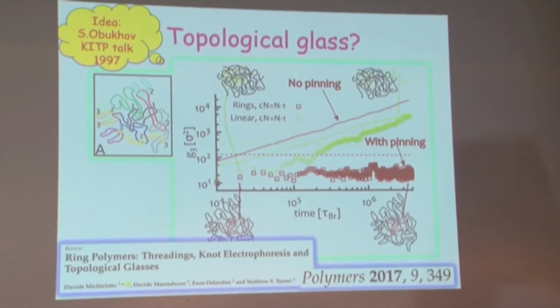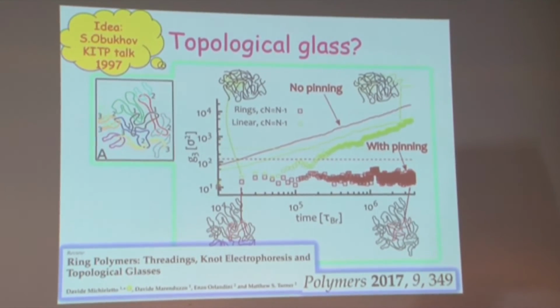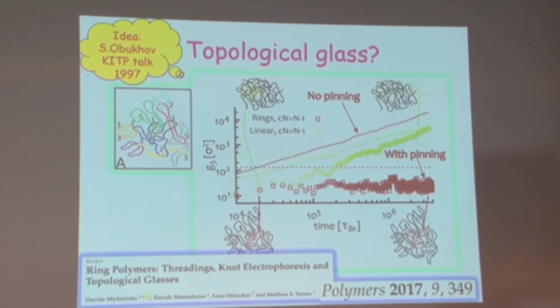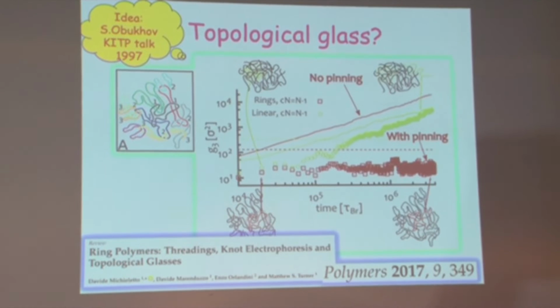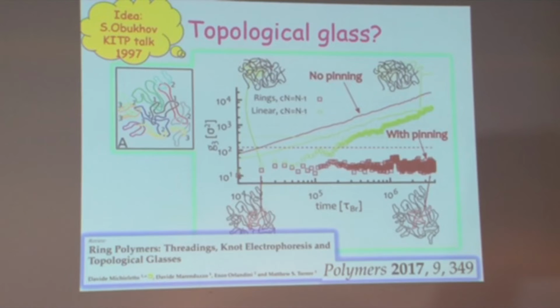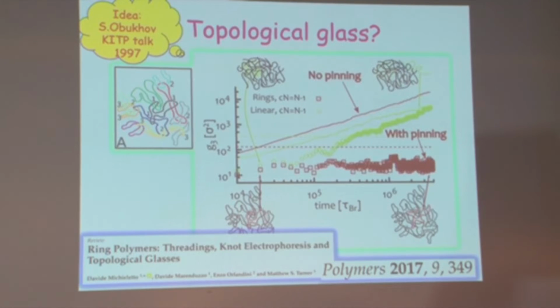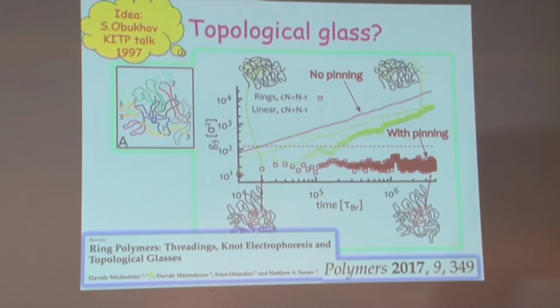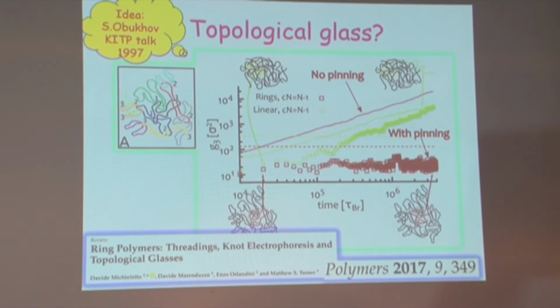But I want to mention that in a related question, there is an active discussion about the idea of topological glass. So the idea of topological glass is related to the slip knots and sweaters. And a sweater is, well, if it's well done, then it's a long-lived state of a polymer.